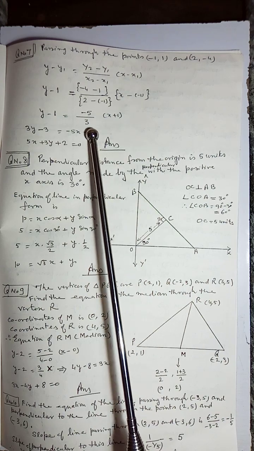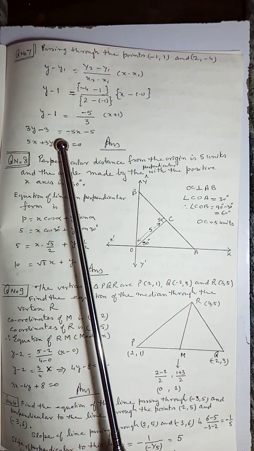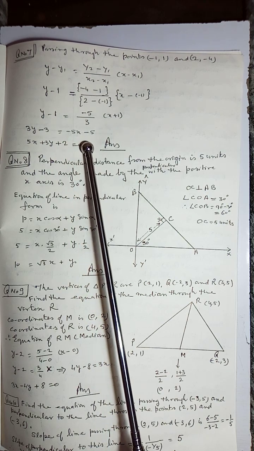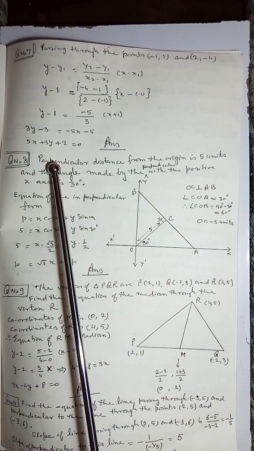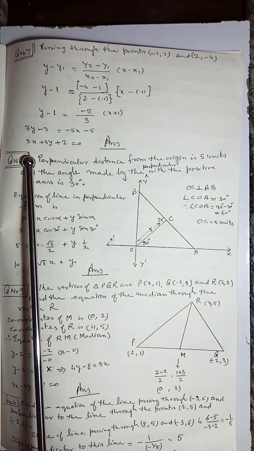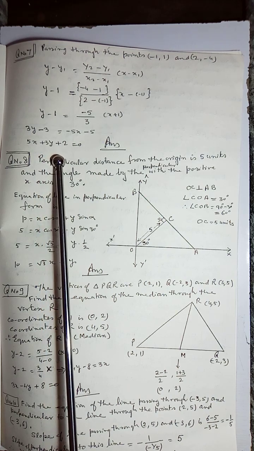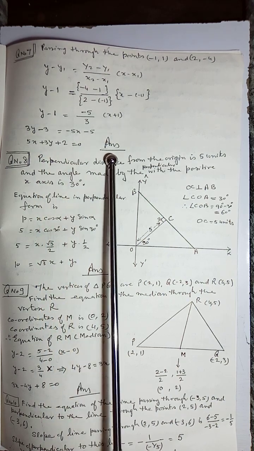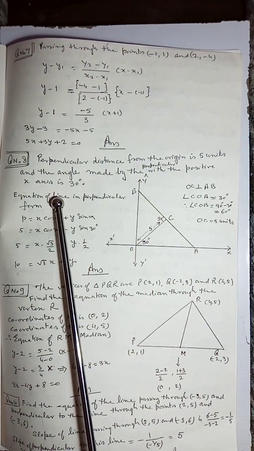Further solve it just by cross multiplying. So 3y minus 3 equals -5x minus 5. Transpose everything to one side. We will get 5x plus 3y plus 2 equals 0, and this will be the answer of question number 7. Now come to question number 8.